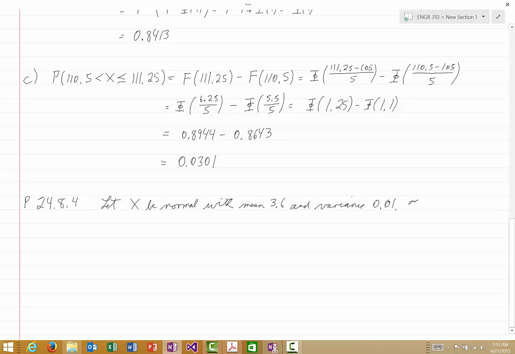Find C such that, in the first case, we want the probability that X is less than C is equal to 5%.